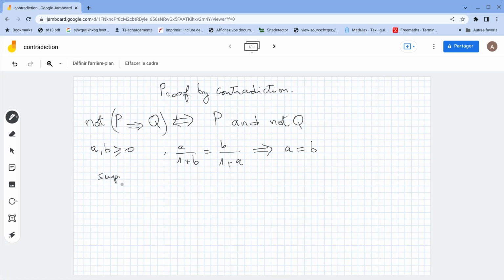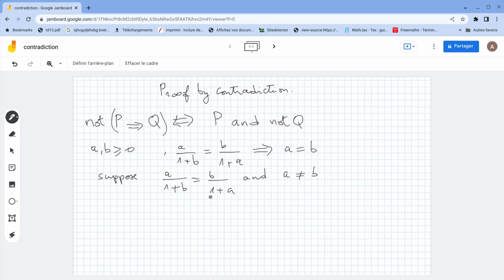Suppose that A over 1 plus B equals B over 1 plus A, that is P, and not Q. Q is A equals B, not Q is A not equal to B.